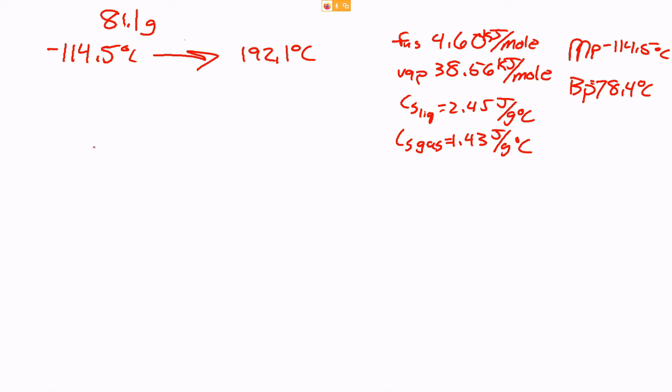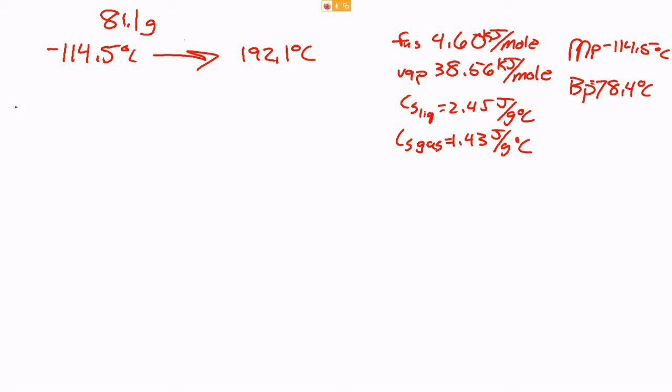So essentially what we're doing here is we are taking ethanol that is right at the freezing point and we are heating it up to where it is well past its boiling point. And in doing this, we're actually going to go through four different regions.